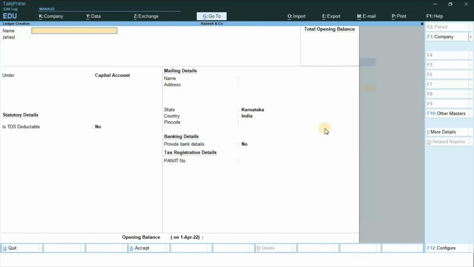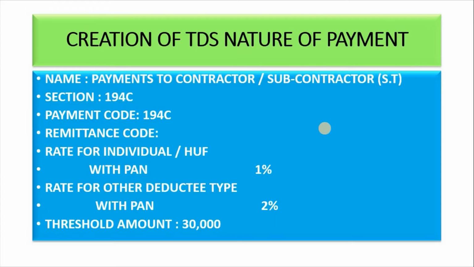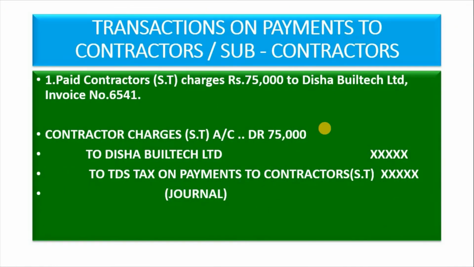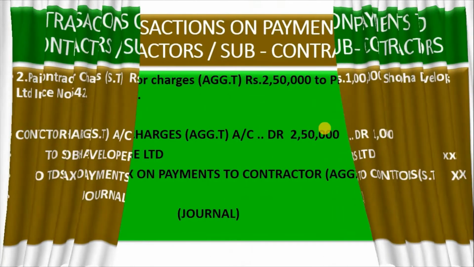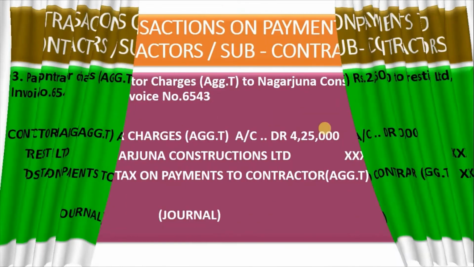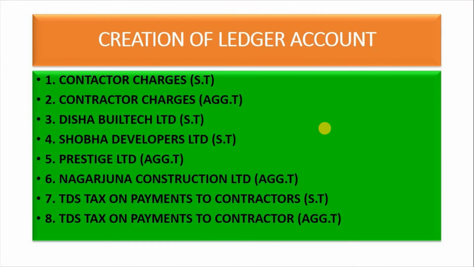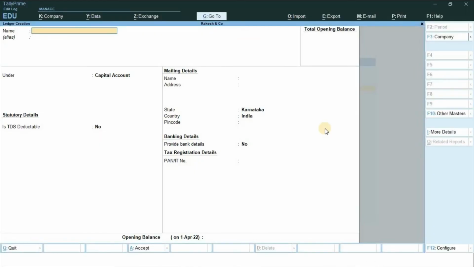Go to ledger and create ledger accounts one by one. In the last clip I listed which ledgers you have to create. See, contractor charges, that is for single transaction.